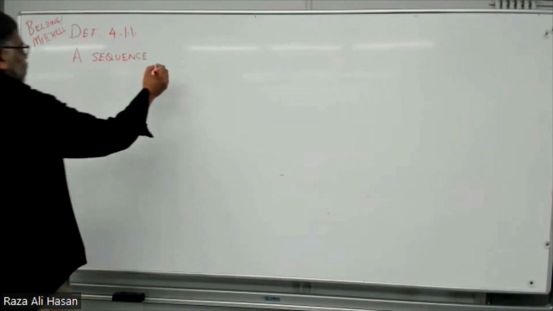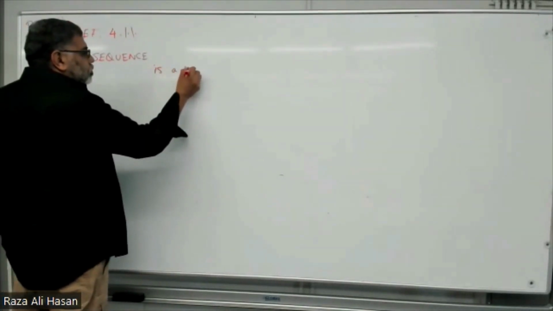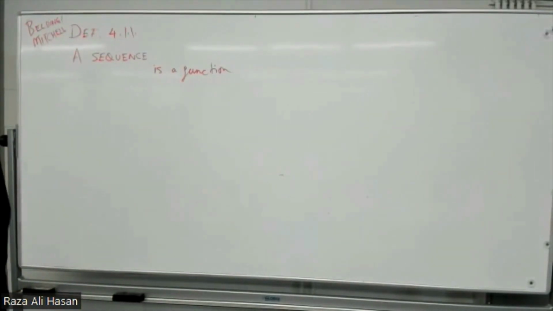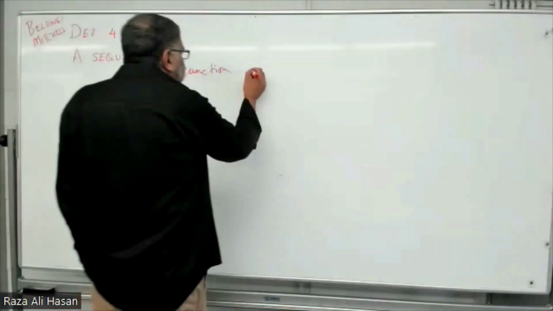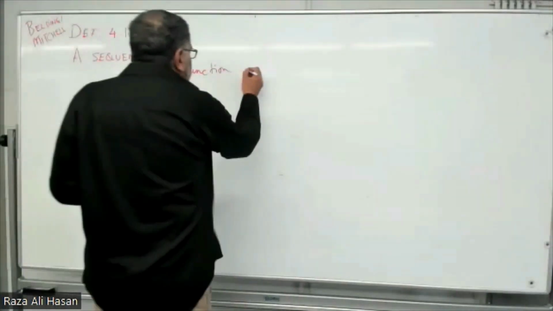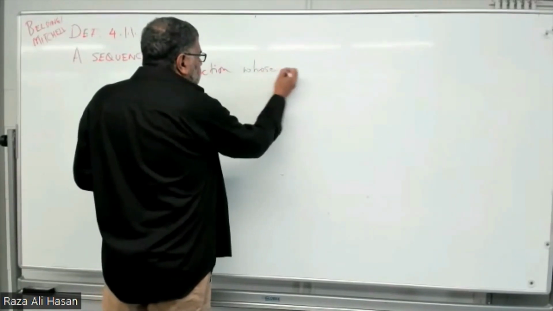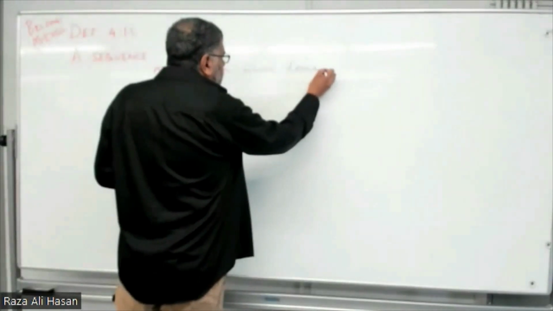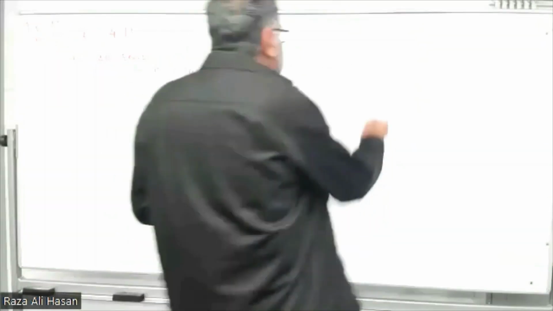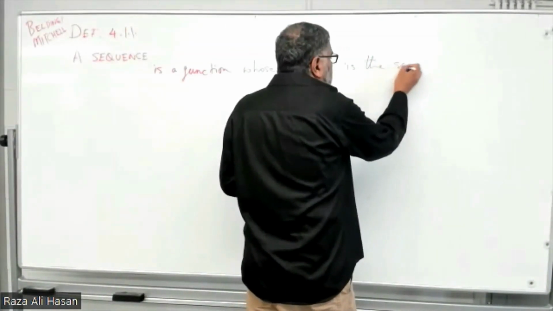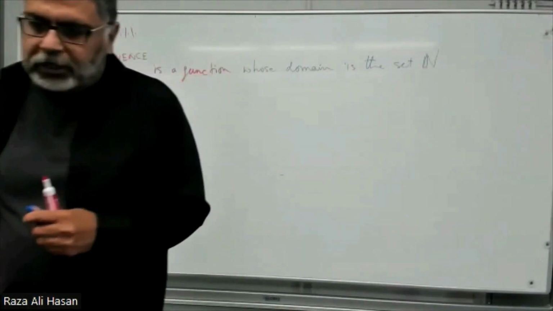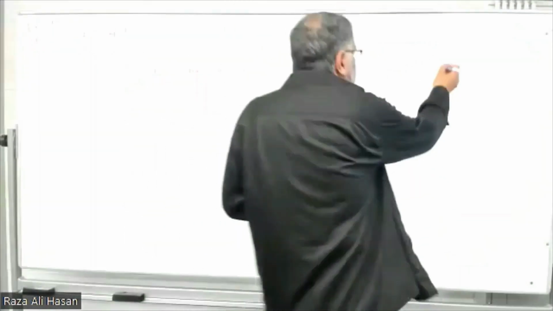A sequence is a function. This is the simplest definition, maybe too simple: a function whose domain is the set N of natural numbers.